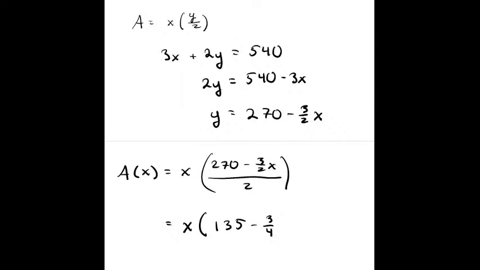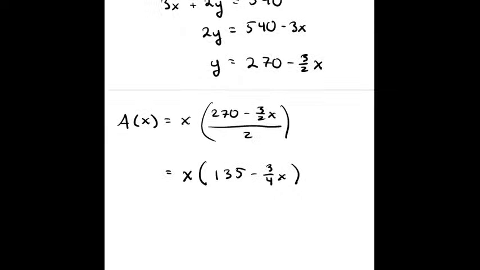Okay, that should be okay. So then if we distribute the x, we get negative 3/4 x squared plus 135x. Okay.